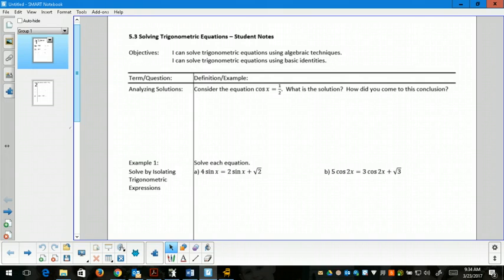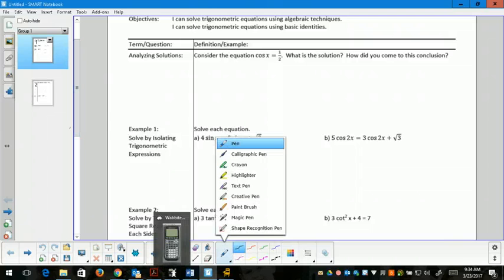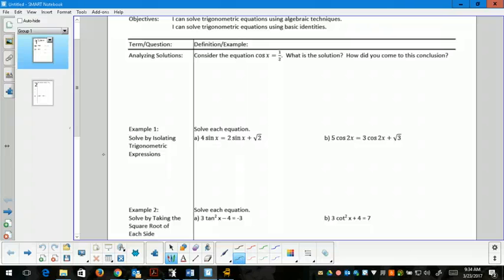So when we're doing this, we need to consider a couple things. As we go to analyze solutions, we need to consider the period for each of our main trig functions. So the period for sine is what? It goes 0 to 2 pi.